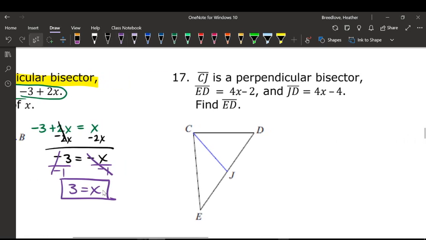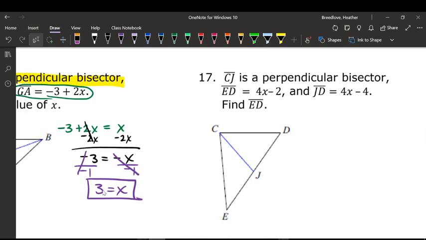All right, so number 17, CJ is a perpendicular bisector. Again, very important, tells me two things, that it's perpendicular and it cuts the side in half, CJ. So CJ, I'm going to mark it with 90 degrees. It doesn't matter that it doesn't look like 90 degrees. It says it is, so it is. And the side is cut in half.